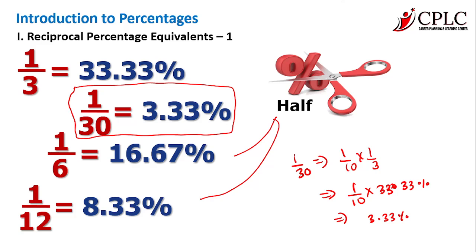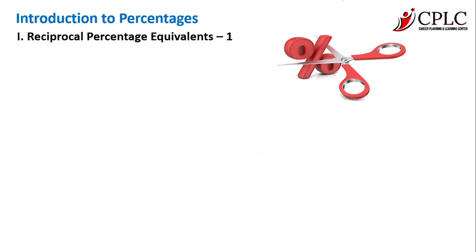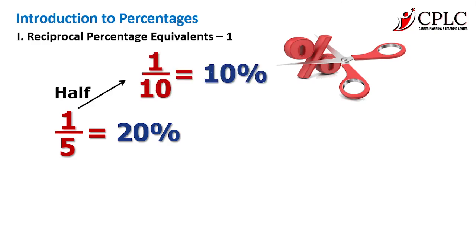Then after this, the next group that we have is again standard numbers, that is 1 by 5, which is 20%. Then we have 1 by 10, which is 10%, which is half of 1 by 5 also we can say. Then we have 1 by 15. Now this 1 by 15 is not half of 1 by 10, but we can say it is one third of 1 by 5, for example.